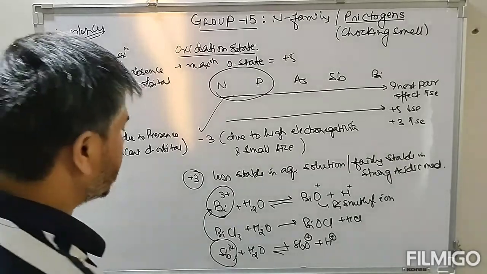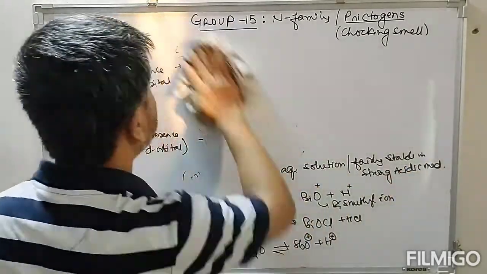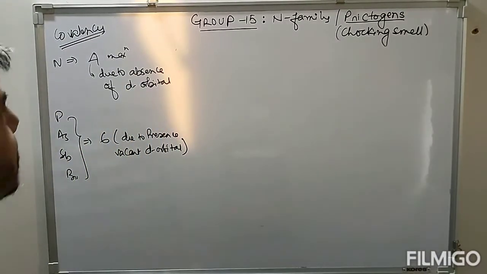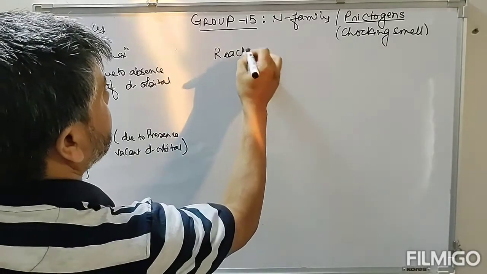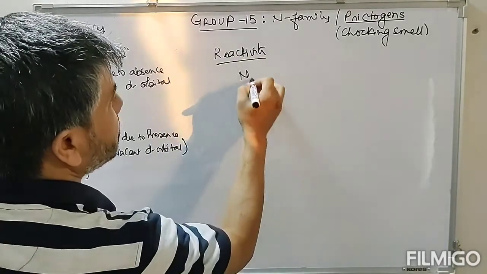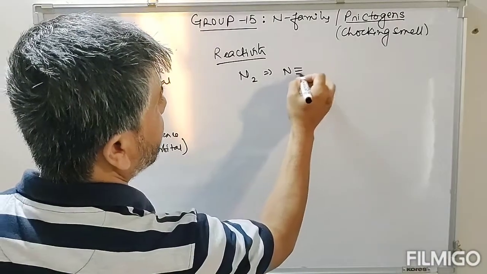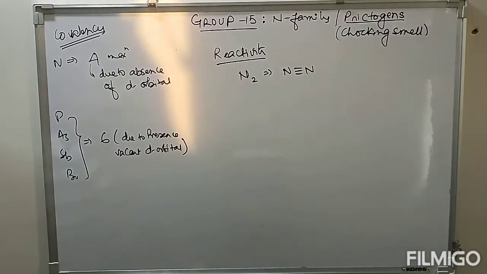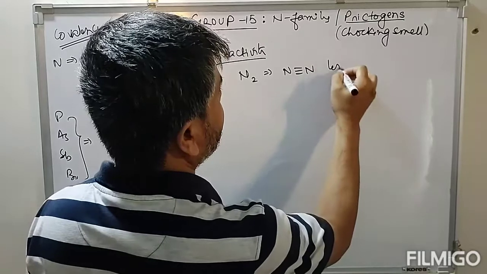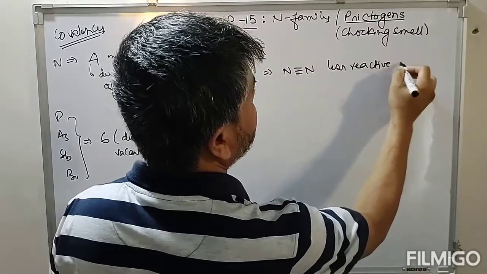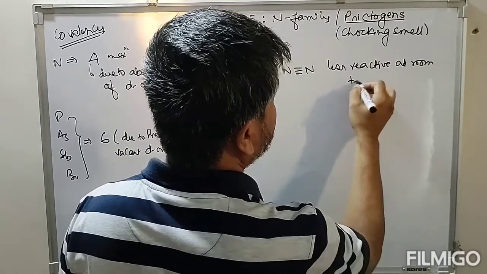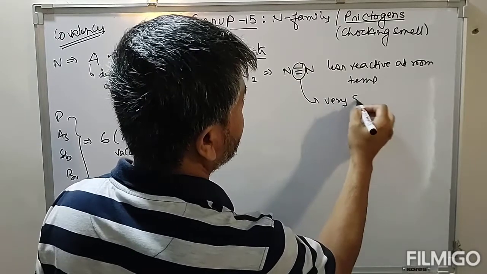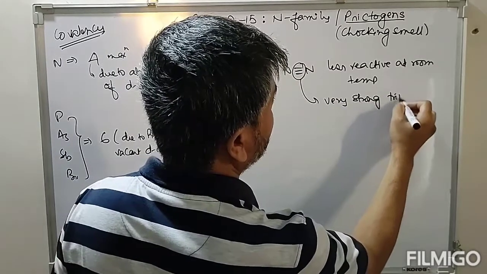Now coming to the reactivity of these group 15 elements. Nitrogen, N2, has a triple bond. This nitrogen in the elemental N2 state is less reactive at room temperature, the reason being the very strong triple bond.